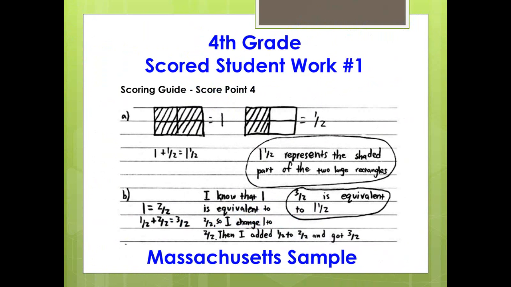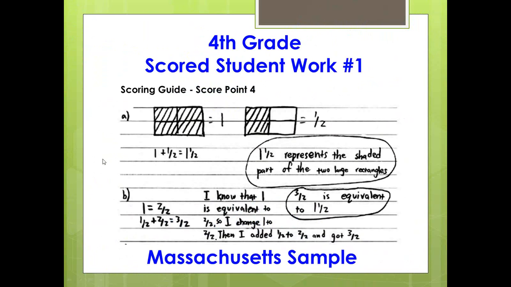All right, this is scored off a 4-point rubric, so this would be considered an extended response item assessment, not necessarily constructed response, because it's a little bit lengthier. Looking at Part A, it asks the student to represent the shaded blocks as actual fractions.